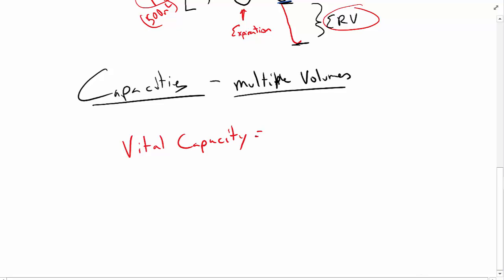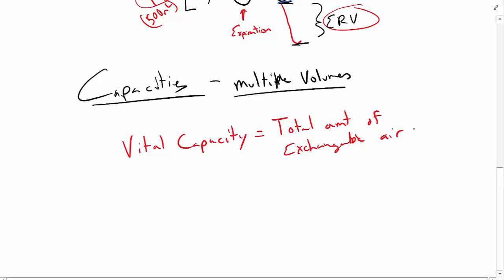And so vital capacity, definition-wise, is the total amount of exchangeable air.